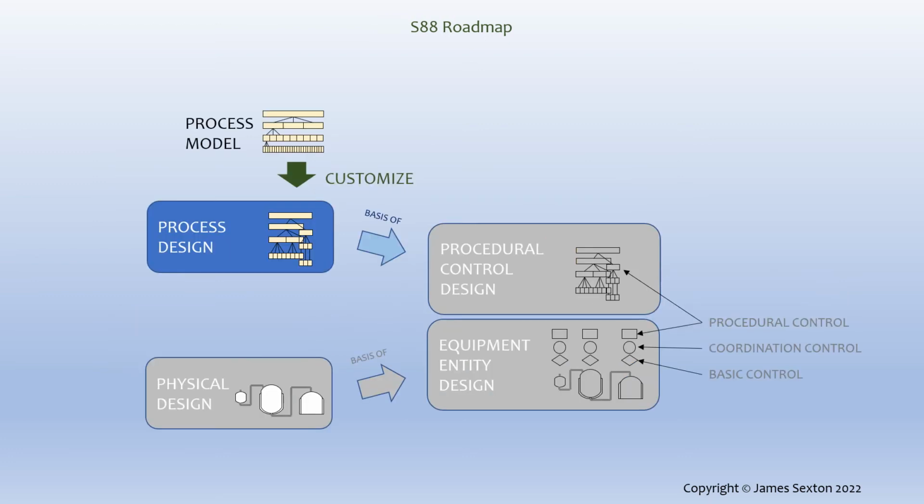Having defined a process cell infrastructure, we can turn our attention to the design of the procedures for specific products. We start by defining the actual process to make the product by customizing the process model. This model is also described as a hierarchical model.